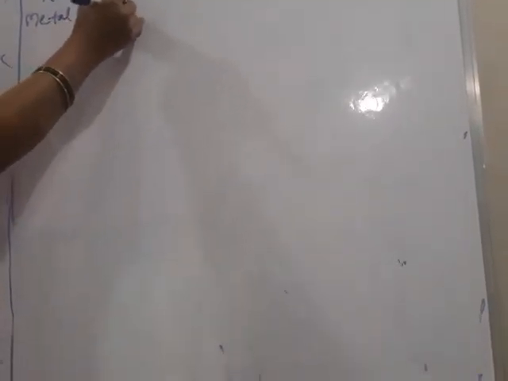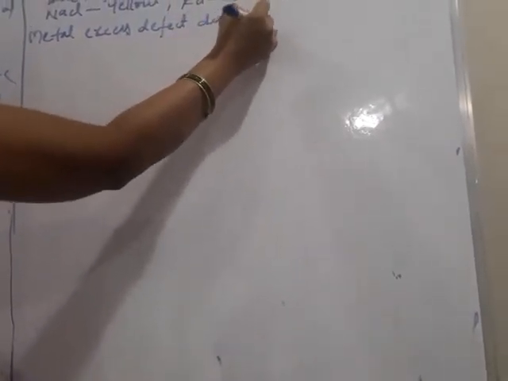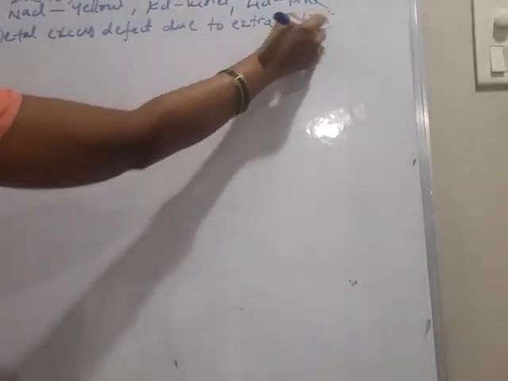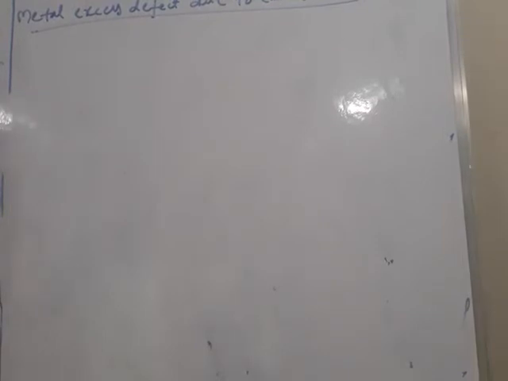The next type of defect is metal excess defect due to extra cation. It arises when a cation occupies an interstitial position.